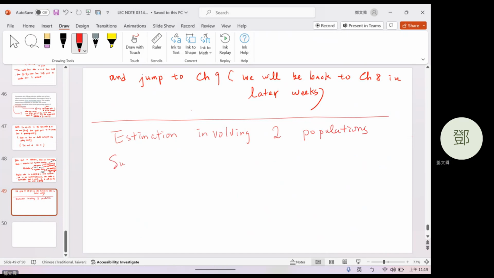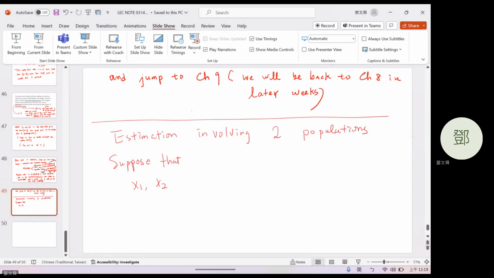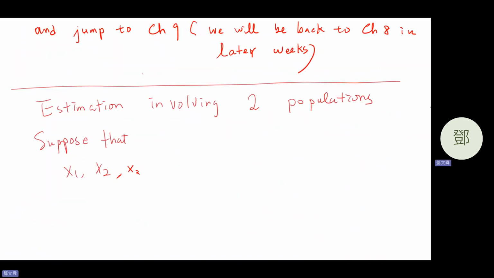And suppose that x1, x2, x3, all the way to xn1 are IID, independently and identically distributed, normal random variables. Mean is mu1 and the variance is sigma 1 squared.